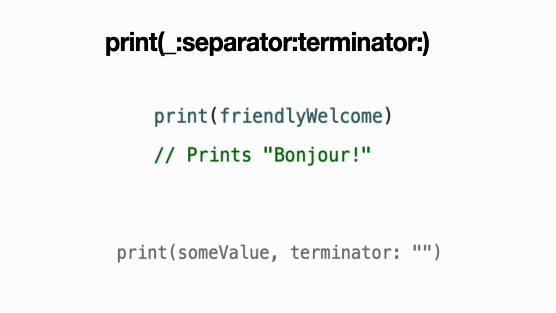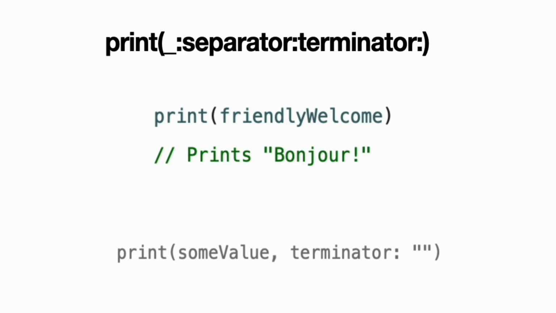Printing constants and variables. You can print the current value of a constant or variable with the print(_:separator:terminator:) function. The print(_:separator:terminator:) function is a global function that prints one or more values to an appropriate output. In Xcode, for example, the print(_:separator:terminator:) function prints its output in Xcode's console pane.